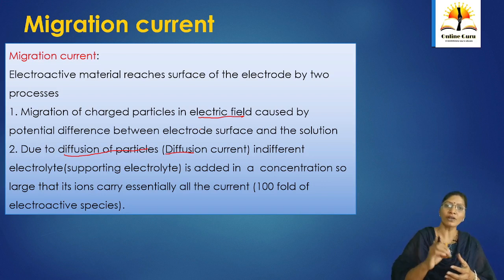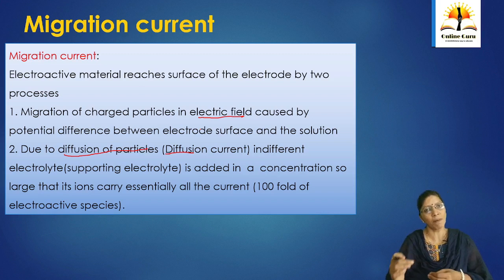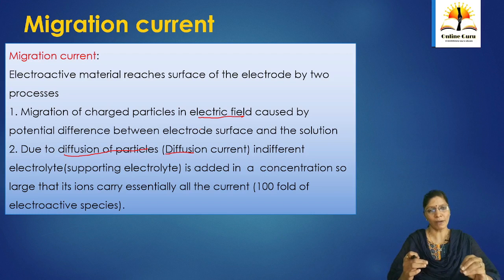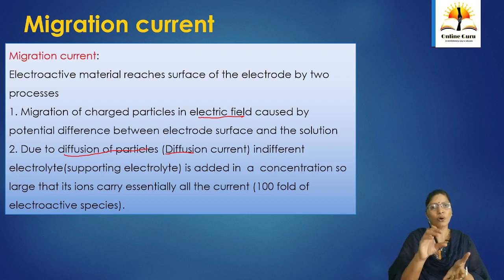Now the electrode is telling the analyte, now come, you are going to come into the picture. So that decomposition potential is given to the electrode. Now the analyte wants to come to the electrode surface by a process, and that process is called diffusion of the particle from bulk to the electrode surface. From the bulk, or from the solution, it is going to diffuse and make a path to the electrode surface.